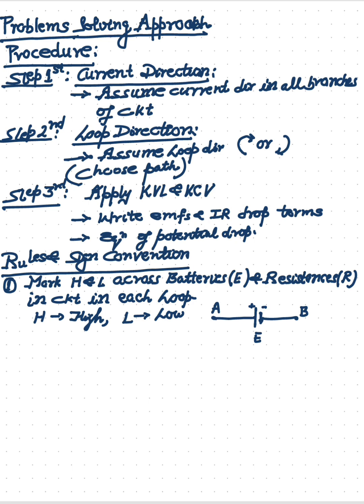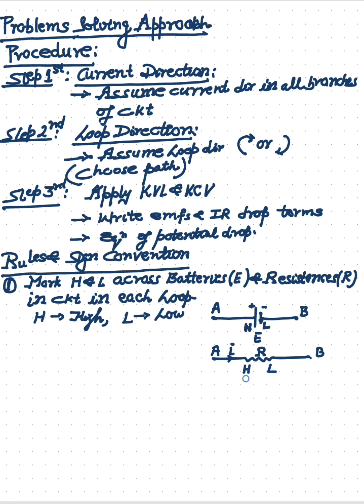Across the positive terminal mark H, high potential, and across the negative terminal mark L. Now suppose there is a resistance R with end A and end B, and the current is flowing from A to B. Current always flows from higher potential to lower potential, so A is at high potential and B is at low potential.